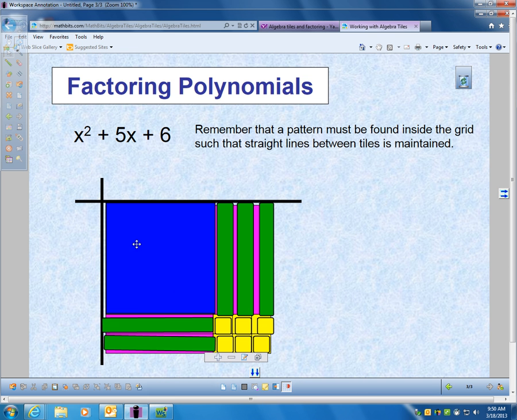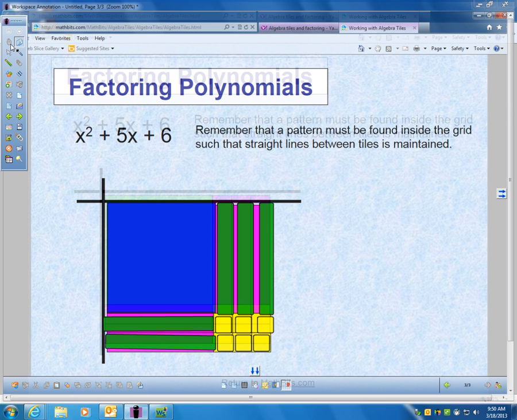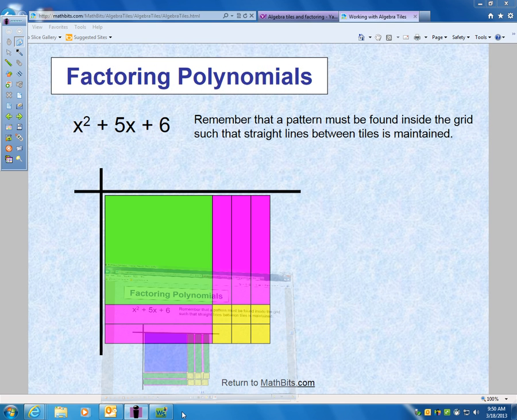So there's the proper arrangement. I have a rectangle made, okay? And now all I have to do is figure out what is here and what is here, and now we'll find out the factoring. So let me turn this back on. Okay, so now let's do that.